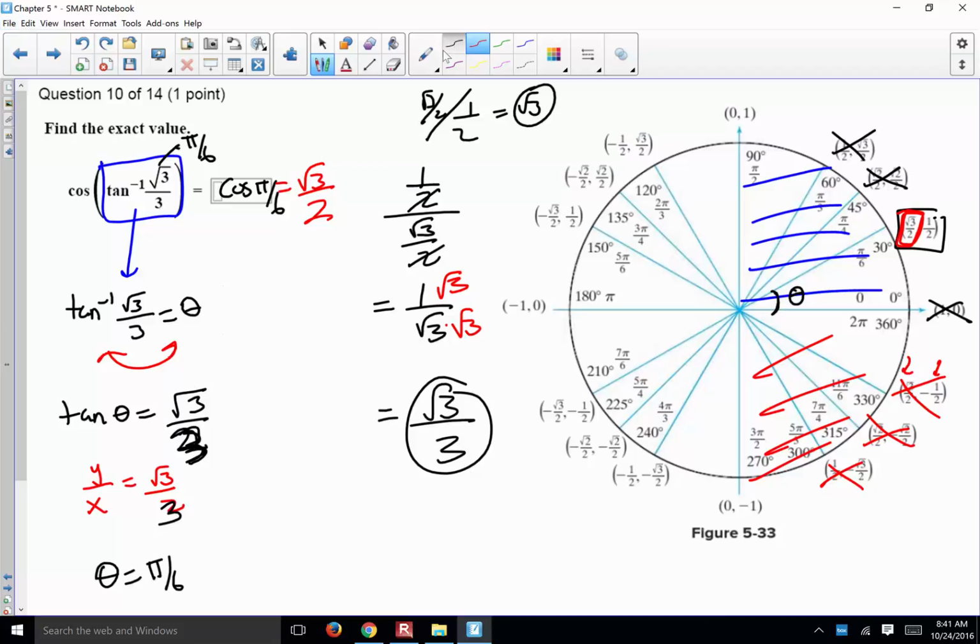Alright, here's what I was thinking: what if this was not root 3 over 2? If it's not on the wheel, then you can use the right triangle idea. Tangent means opposite over adjacent.